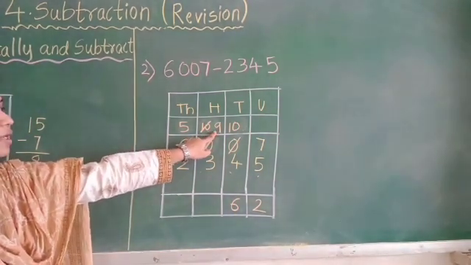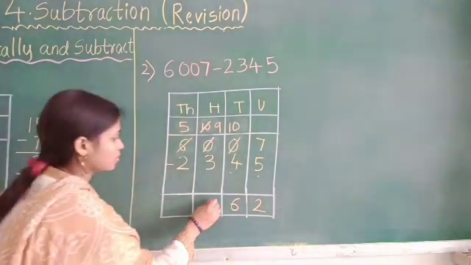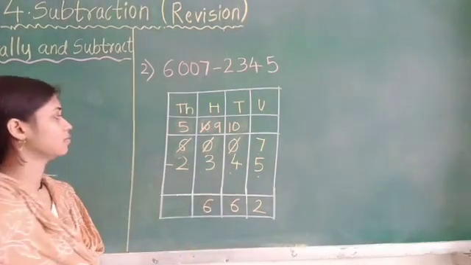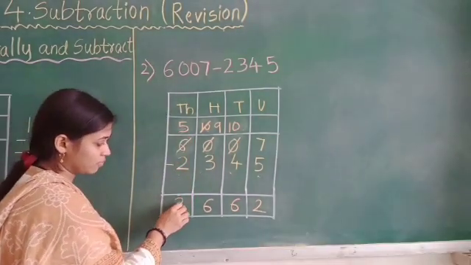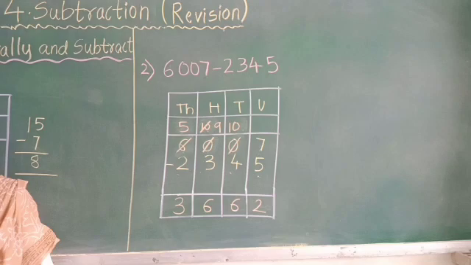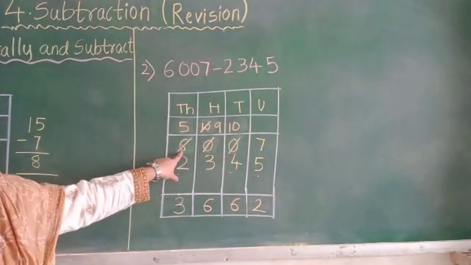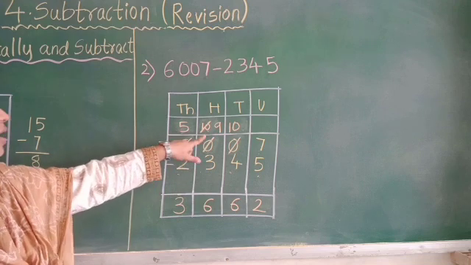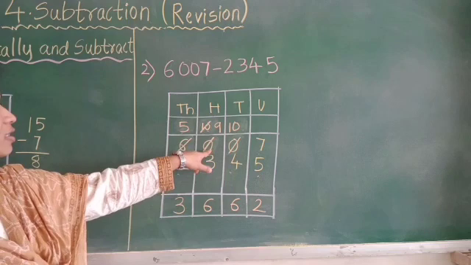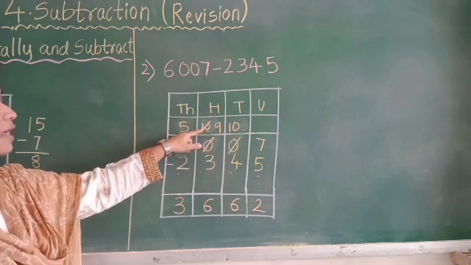Here what has remained? 9. 9 minus 3 is how much? 6. Now here 5 minus 2 is how much? 3. Have you all understood? We have taken 1 from 6. After taking 1 from 6, 5 remains here.